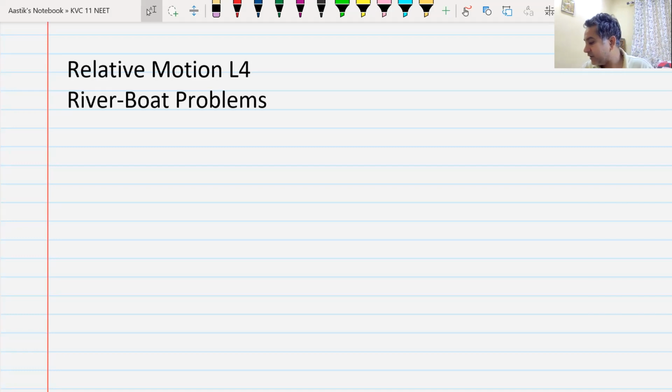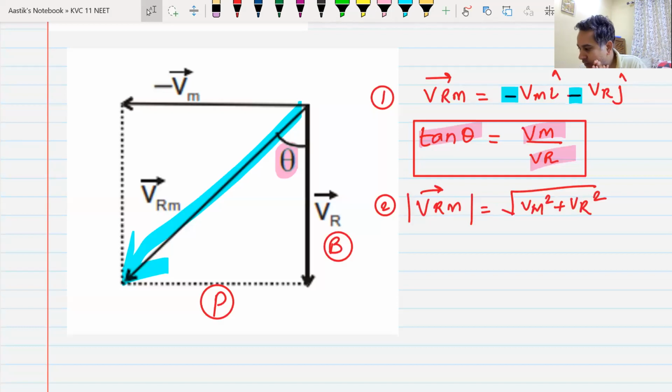Now in the previous class we had seen the rain man problem, and we had seen how to find the velocity of rain with respect to man. There were two things that were given: velocity of rain with respect to ground and velocity of man with respect to ground.